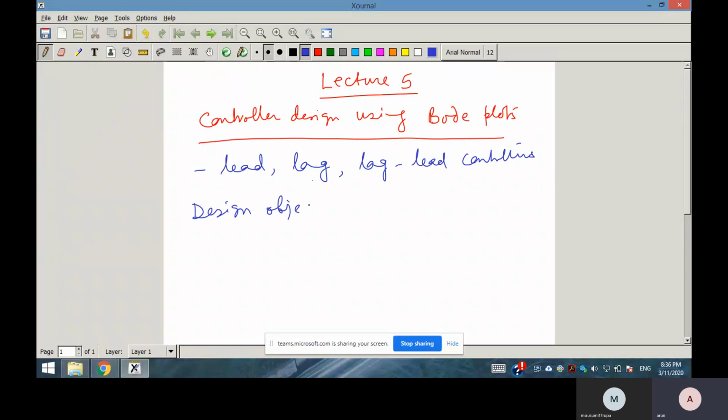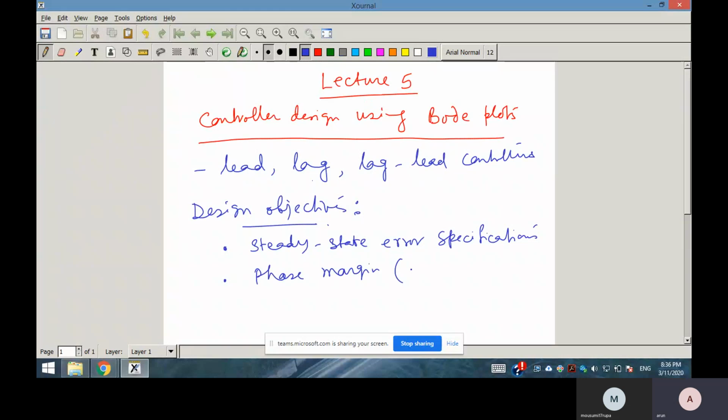So design objectives or design goals. Design goals are: one is steady state error specification, phase margin, and gain cross-over frequency.